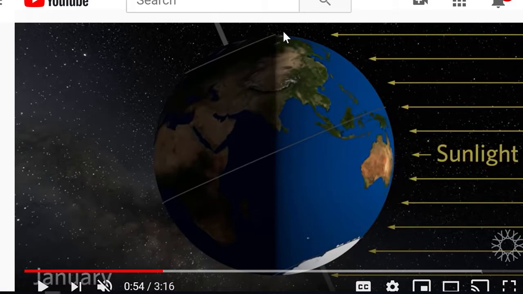Here the circle of illumination, what you see is the Arctic Circle is completely under this circle of illumination. Well, that means you have 24 hours of night, whereas at the South Pole what you see is 24 hours of daylight. So no night for several months.